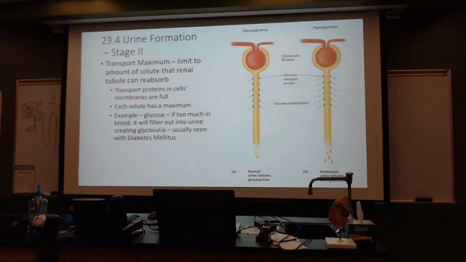So a lot of it makes it into the filtrate. The nephrons can only handle so much of it. And at that point, it continues through the tubular system.